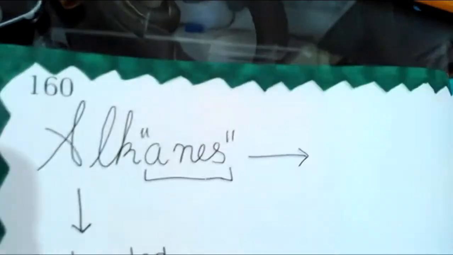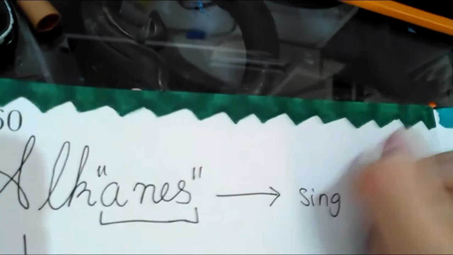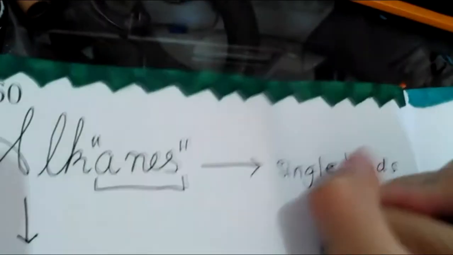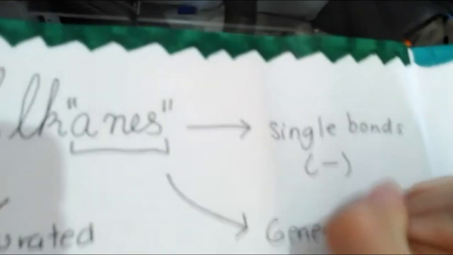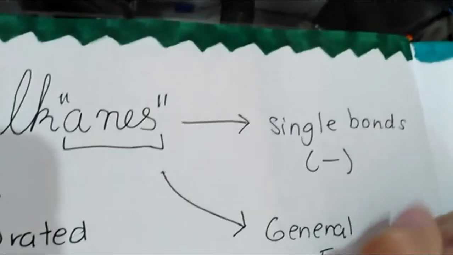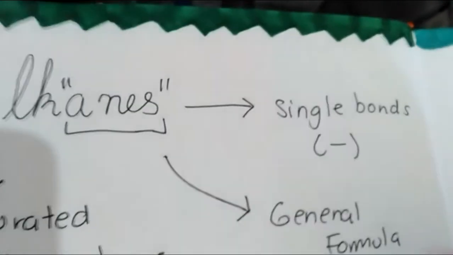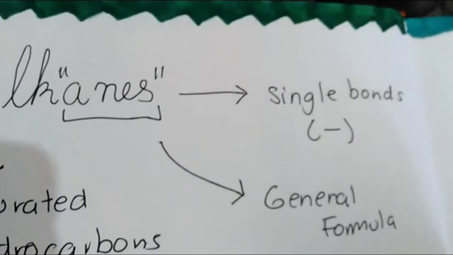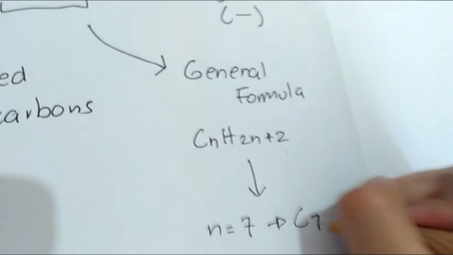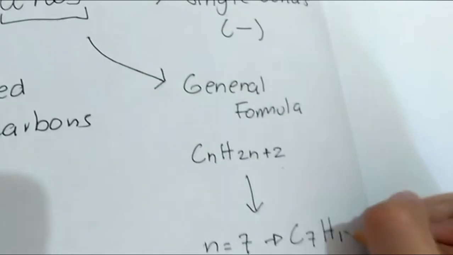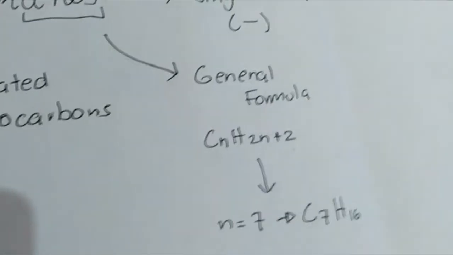Also, because of the suffix ane, they have only single bonds, and that is represented by just a single line, and that it has a general formula, which is CnH2n+2. An example of this can be, if n is equal to 7, then this will be C7H16.